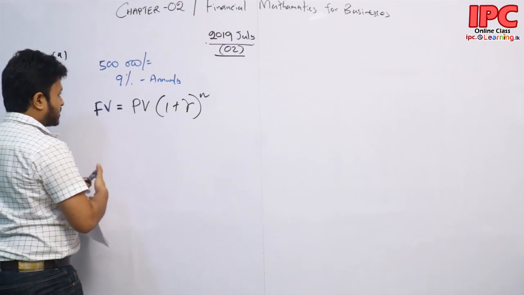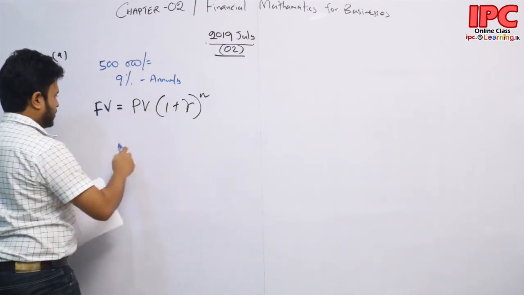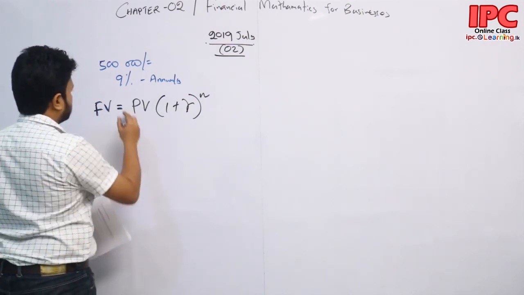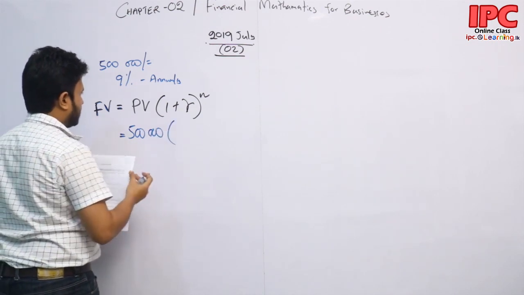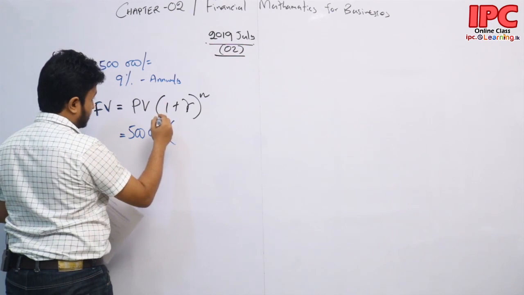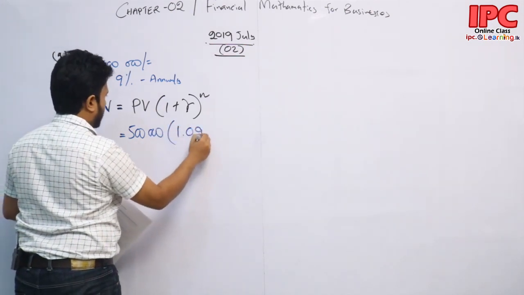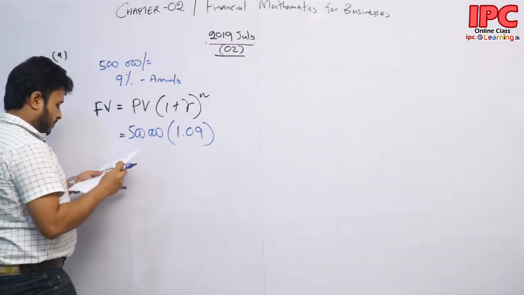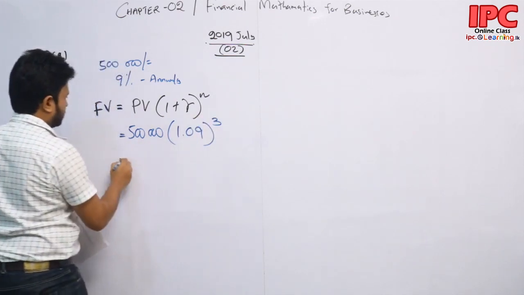So in here it is compounded annually, so we don't have to modify this equation. We can directly substitute. How? The present value is 500,000 for investment, and the interest rate is 9%. 9% means 1.09, and the duration, number of years at the end of the third year, so n is 3.